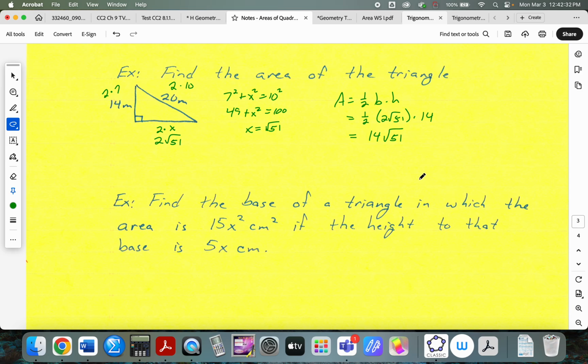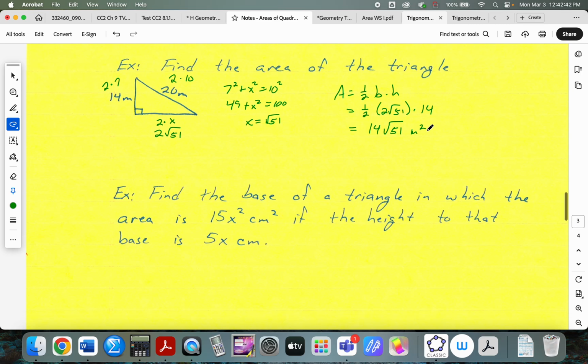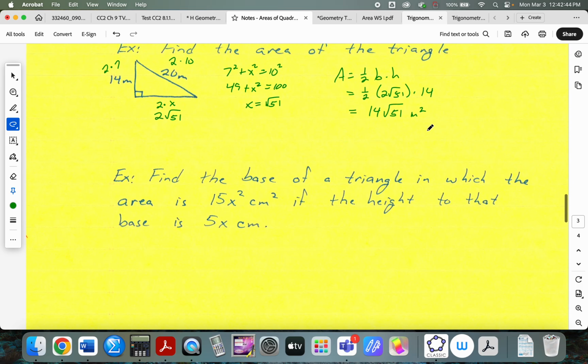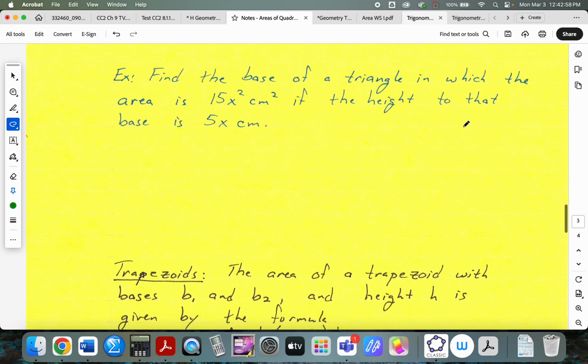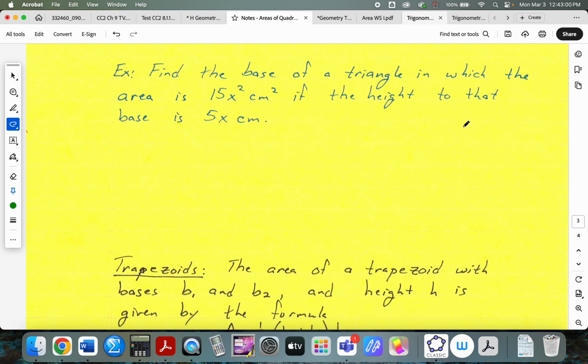So I get 14 square roots of 51 square meters. Okay, any questions about that? So we're just adding some of the things that you already know to some algebra that you didn't know when you first learned all the area formulas and going from there.